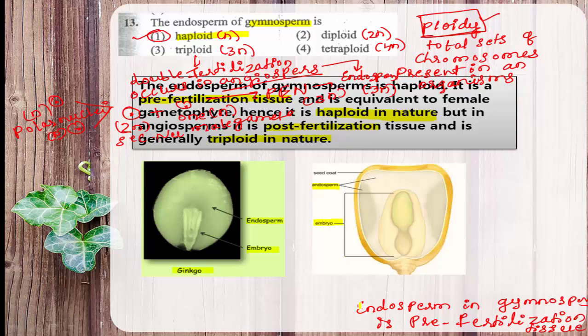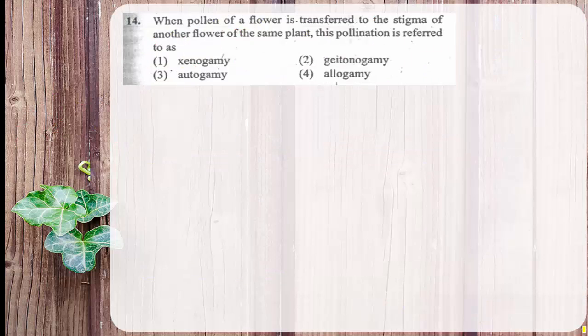Why the endosperm of gymnosperms is haploid? The reason to remember is it is pre-fertilization tissue produced before the fertilization. Hence, in gymnosperms, endosperm is haploid condition. Then moving to the next question.